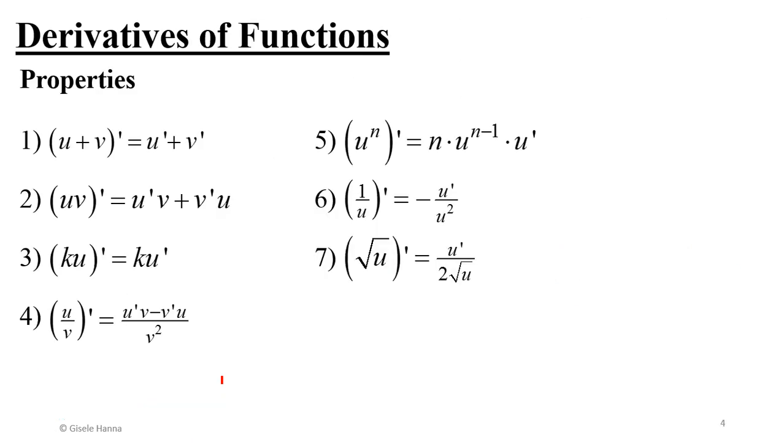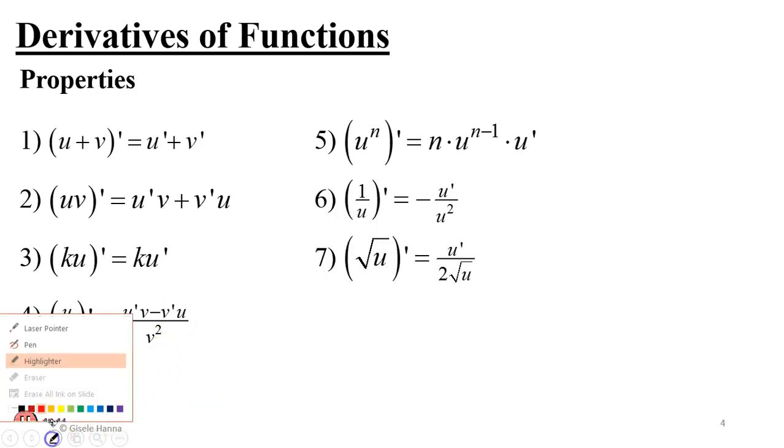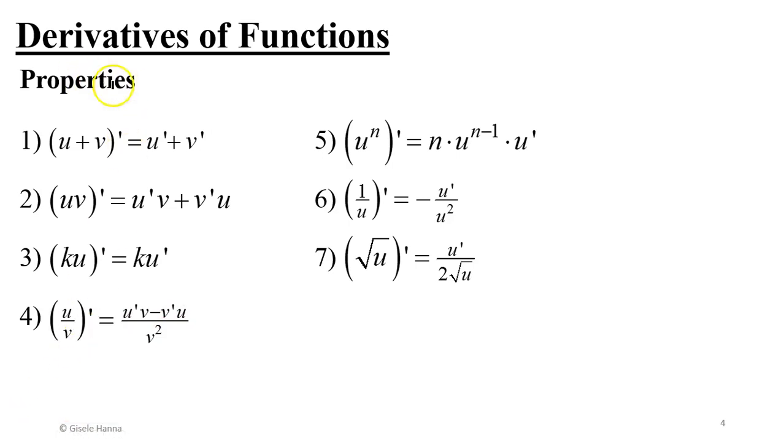Now, some properties before we move to the examples. Over here, if you have a sum of two functions, the derivative of the sum is the sum of the derivatives, which means that the derivative of u plus v is u prime plus v prime. You find the derivative of u plus the derivative of v.